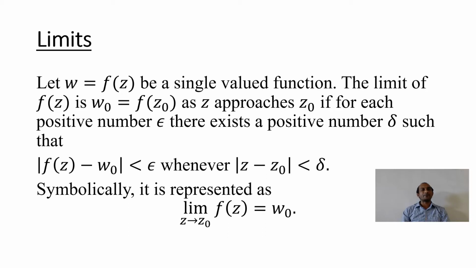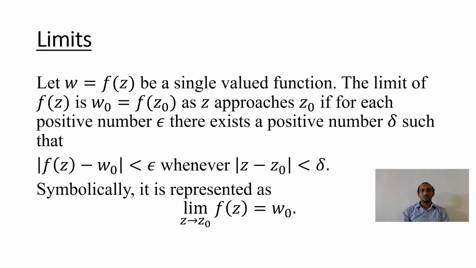Then the limit of f of z is w0, that means at point z0, as z approaches z0, if for each positive number epsilon, there exists a positive number delta such that modulus of f of z minus w0, that means the distance between f of z and w0, is less than epsilon whenever modulus of z minus z0, that means the distance between z and z0, is less than delta.